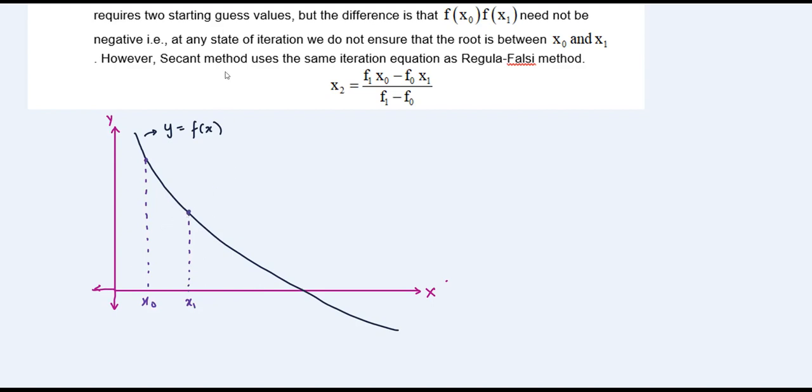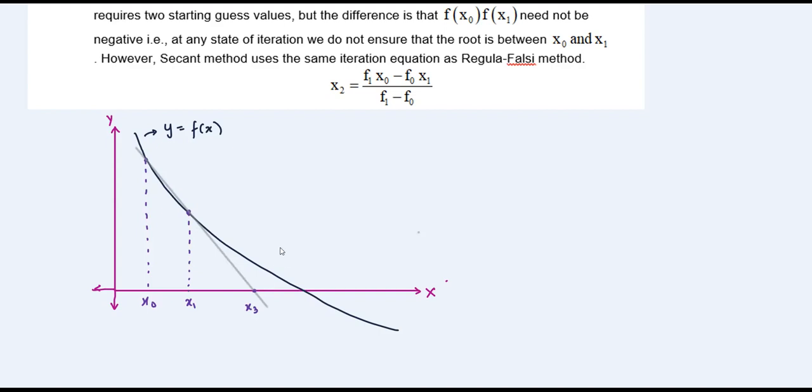Now what we do, we draw a chord between these 2 points. When we draw a chord and extend that chord, the extension of a chord is called the secant. So the third point that we get is this point.